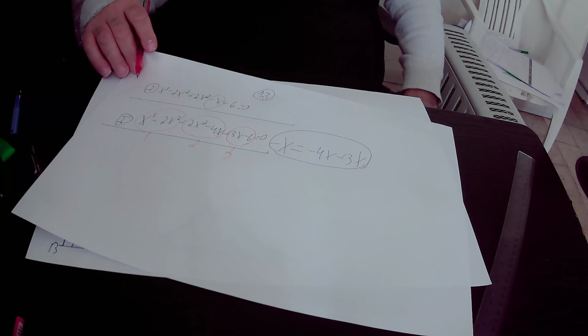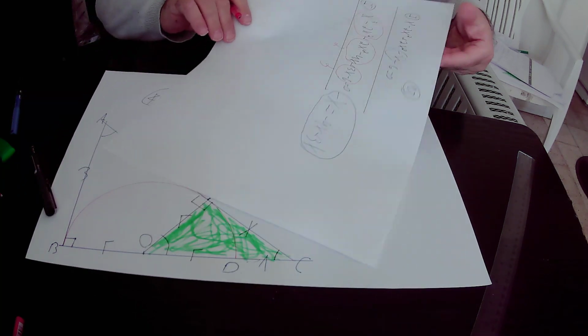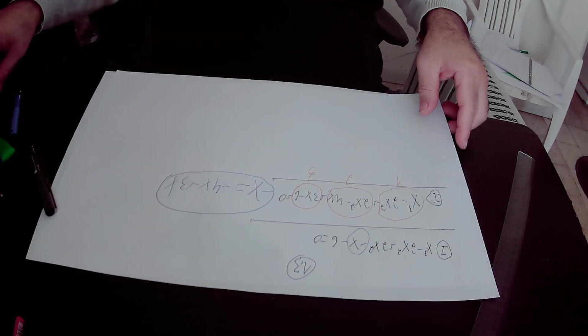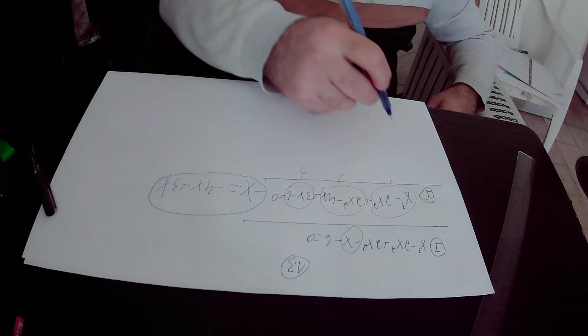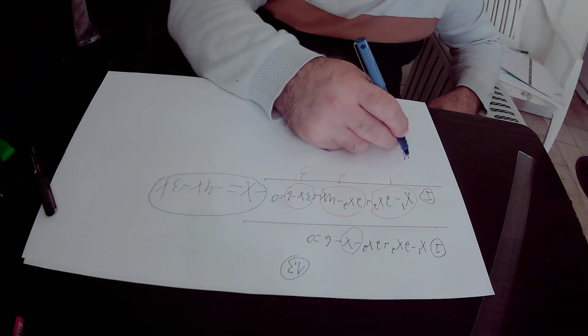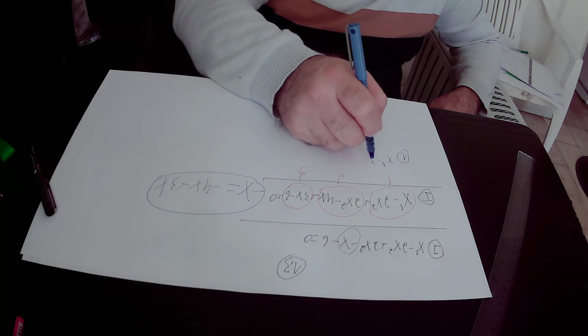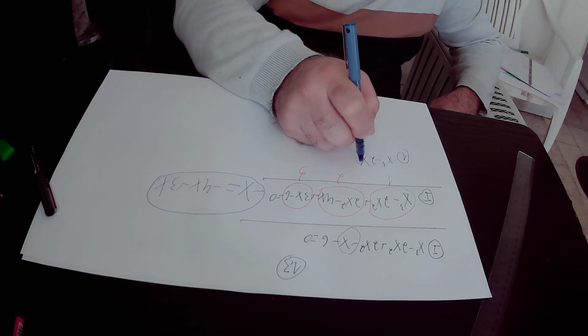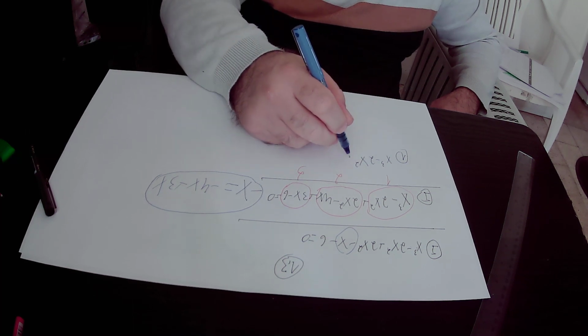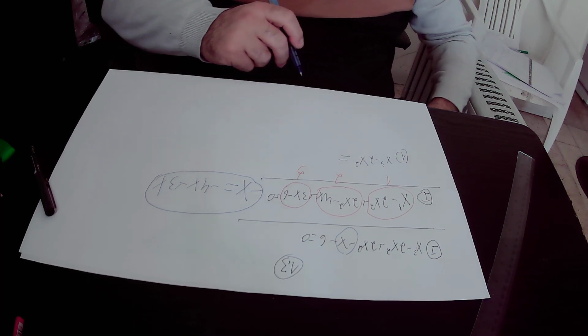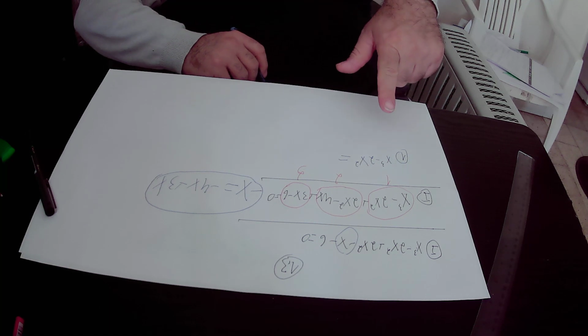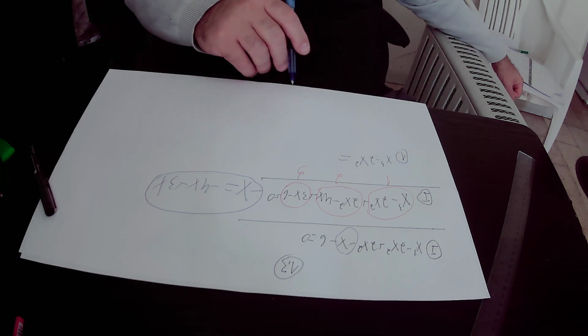Part number 1 is x cubed minus 2x squared, and the common factor that we will take from it is x squared.